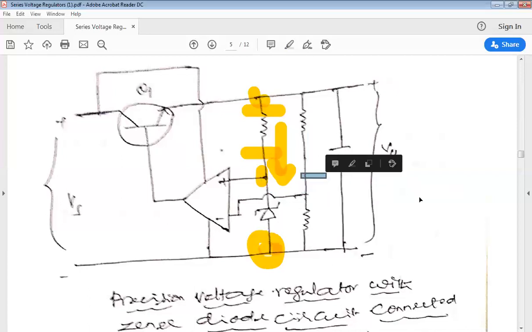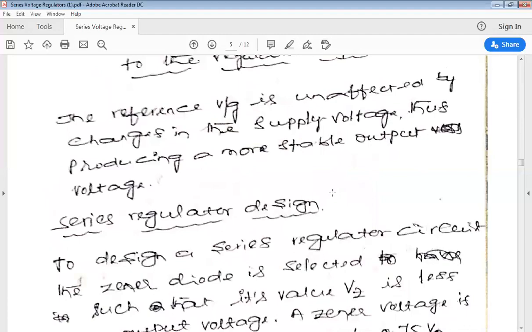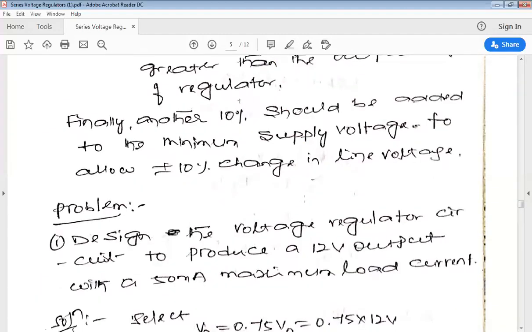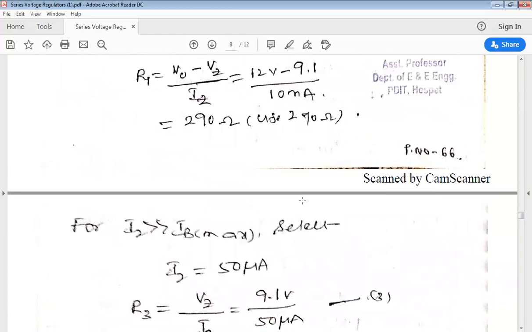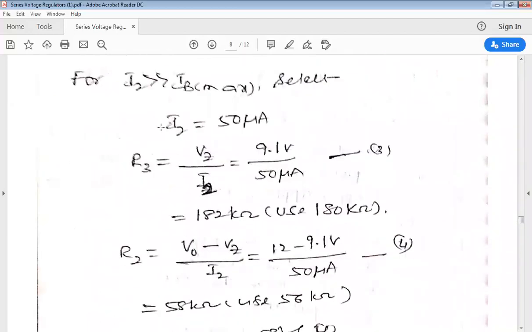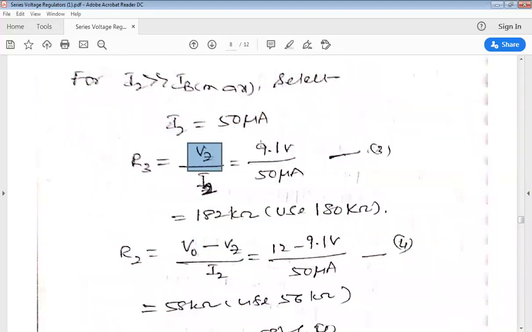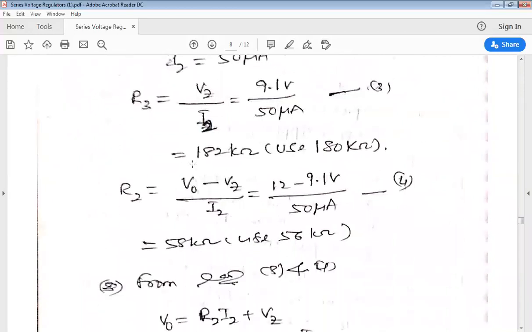To calculate the value of R3, I am using the chosen value of I2. Vz we have already calculated as 9.1 volts, and I2 is 50 microamperes. From this, I am going to get 182 kilo ohms. The standard value is 180 kilo ohms.